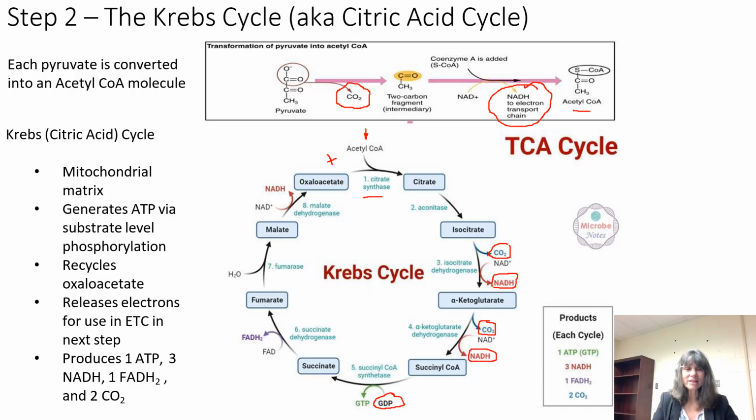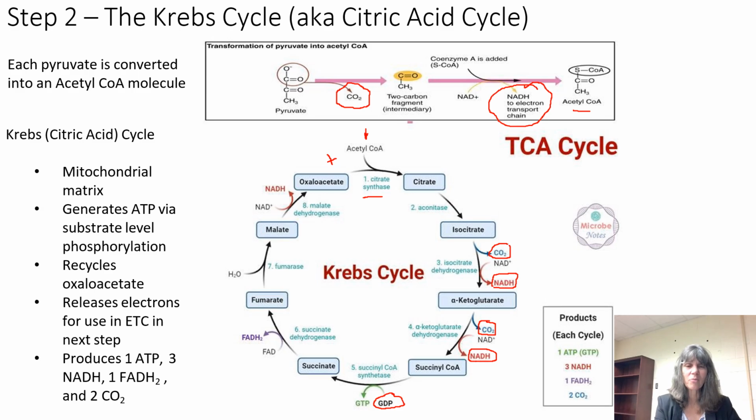So substrate level phosphorylation basically means we're directly transferring a phosphate group from a substrate molecule, in this case the succinyl coenzyme A is the substrate molecule, and we're transferring phosphate onto guanine diphosphate to turn it into guanine triphosphate with the help of succinyl coenzyme A synthetase.